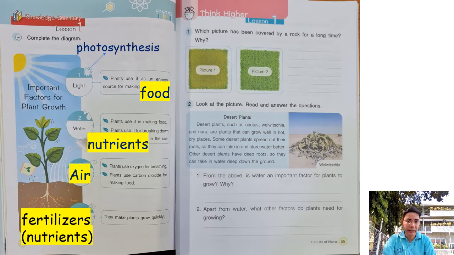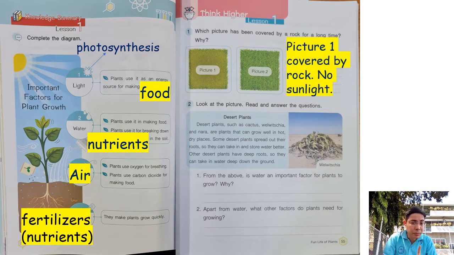They will die. And what plant is that? It's picture 1, because there is no sunlight. So picture 1 is covered by rock, so no sunlight to make food. The plant will die.